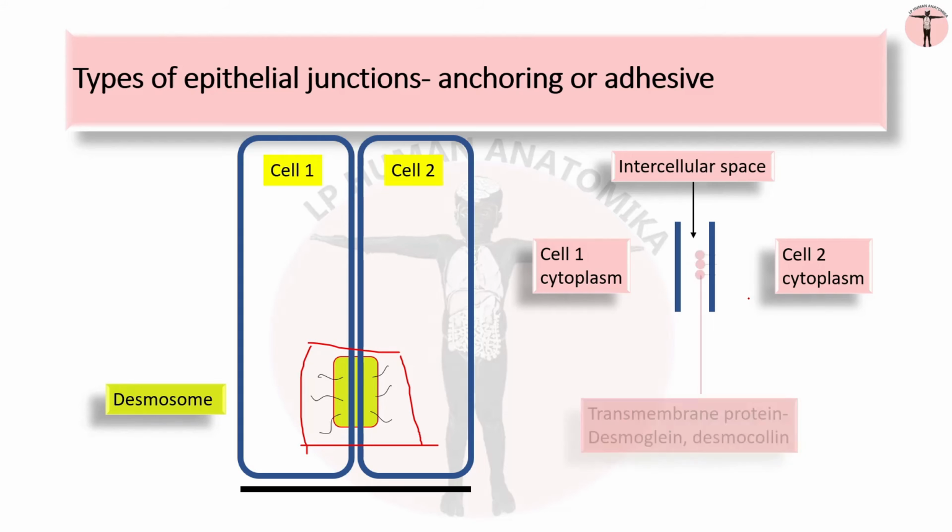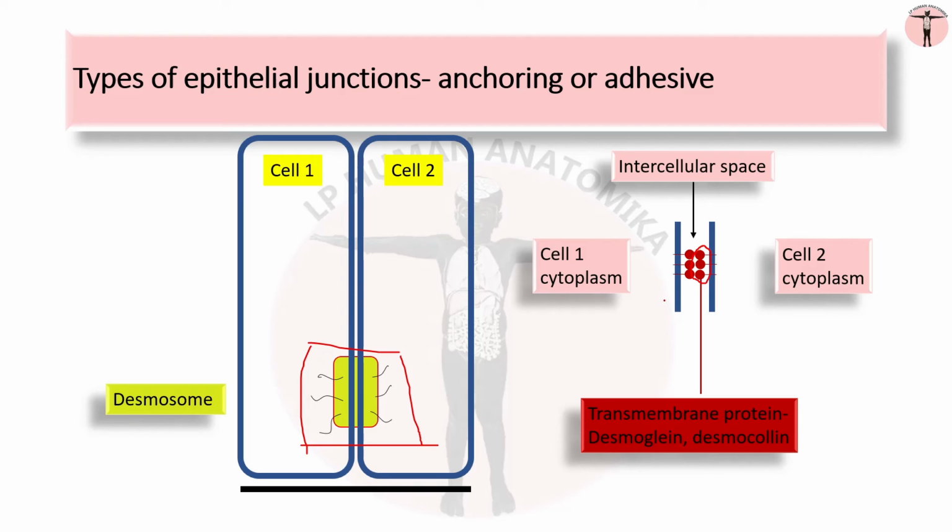The transmembrane protein is formed by desmoglein and desmocollin, which are two types of cadherins. The extracellular part of the transmembrane protein, that is this part in the intercellular space, gets attached with the similar transmembrane protein of the adjacent cell.